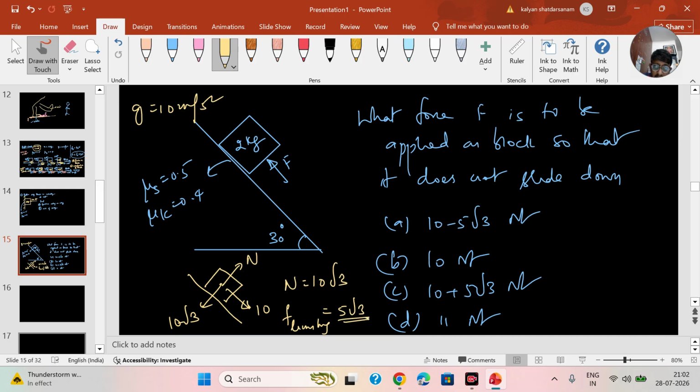So to break bonds between the block and the incline, you need 5 root 3 Newtons. How much is gravity applying? More than 5 root 3. So bonds will break and it will go down. So to not make it go down, to make it stay there only, I got to apply some force. Otherwise, this block will slide down, right?